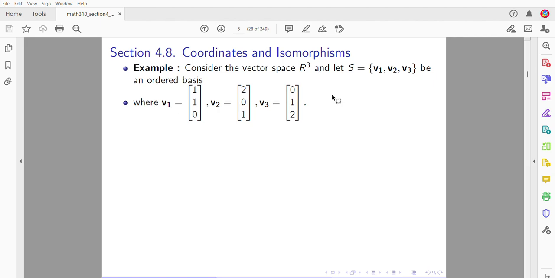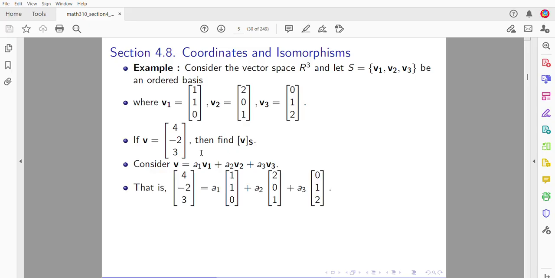So that is an ordered basis. Consider some vector v, (4, negative 2, 3). You want to find the coordinate vector of this v in terms of this S. Well, we are going to write v as a1 v1 plus a2 v2 plus a3 v3, and our goal is to find a1, a2, a3. That is, this vector is a1 times (1, 1, 0) plus a2 times (2, 0, 1) plus a3 times (0, 1, 2).